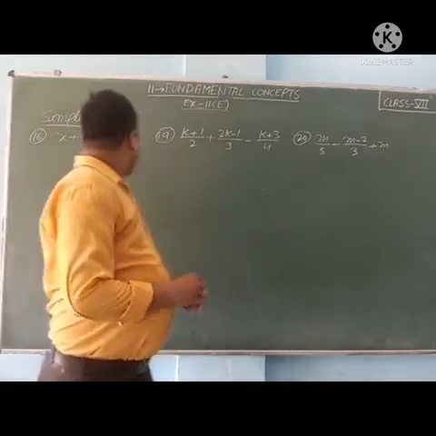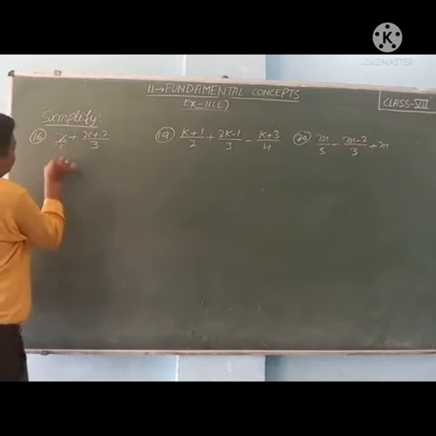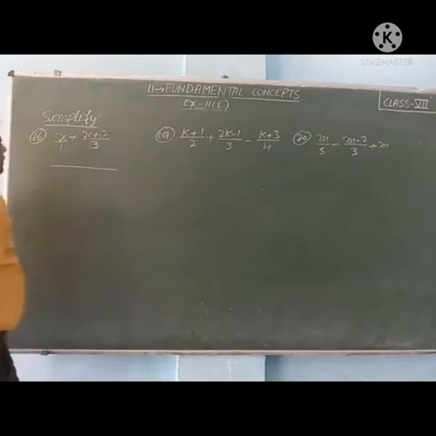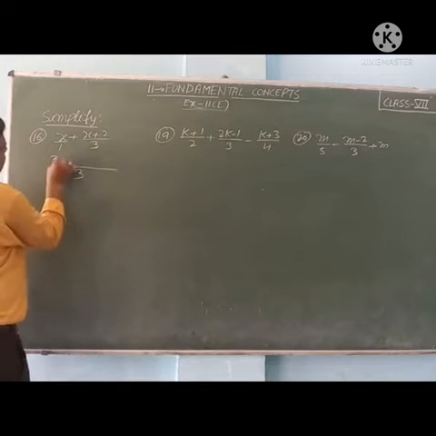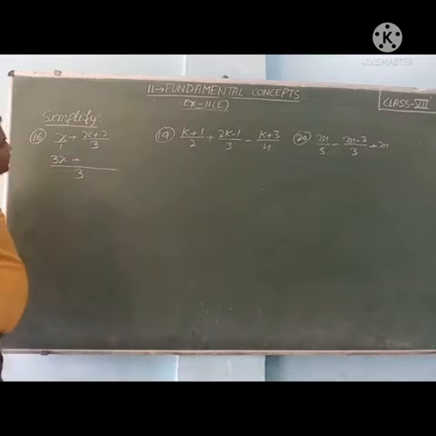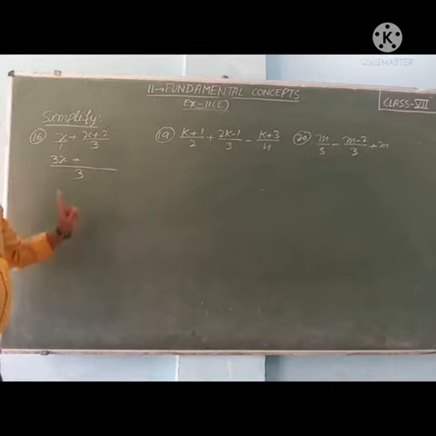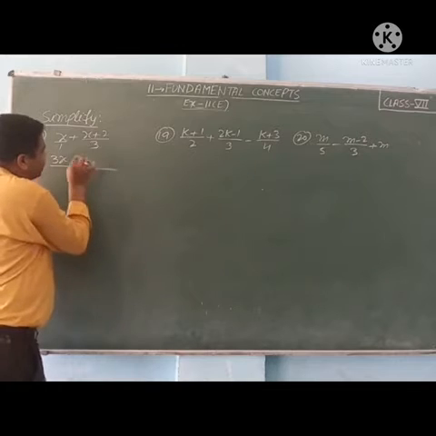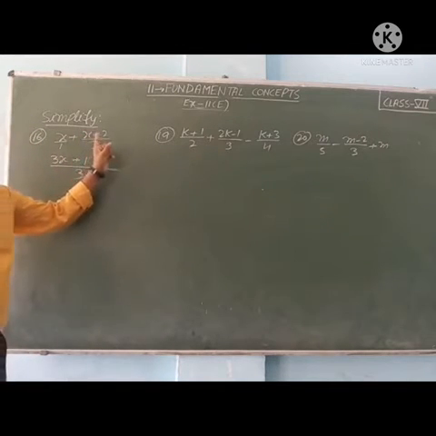16th sum, that is x plus 2 upon 3. So first we will take the LCM as we are taking. So 3 is the LCM. 3 divided by 1, 3. So 3 into x, 3x. Then plus sign. 3 divided by 3, what will we get? 1. So 1 we will write here. Then after 1 we have to multiply with this numerator.